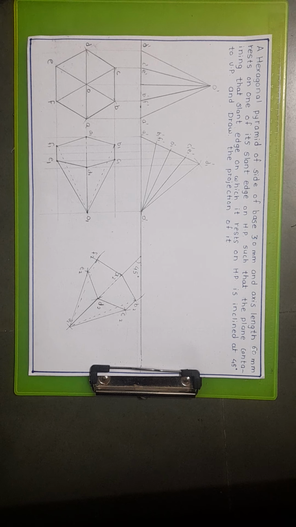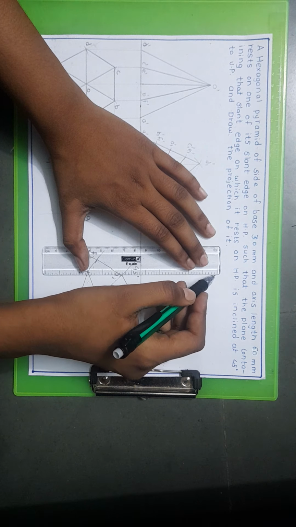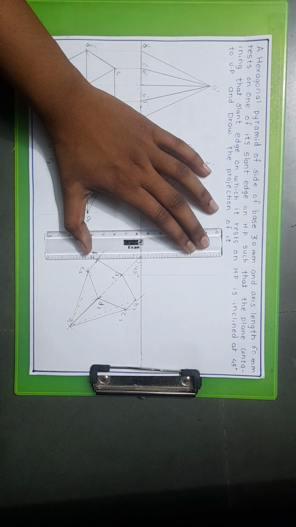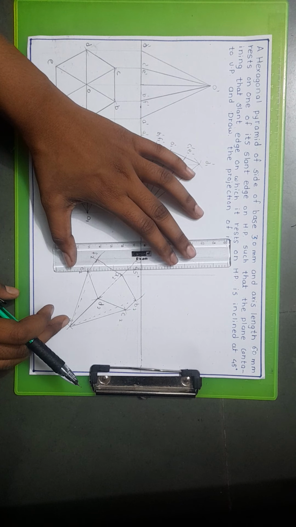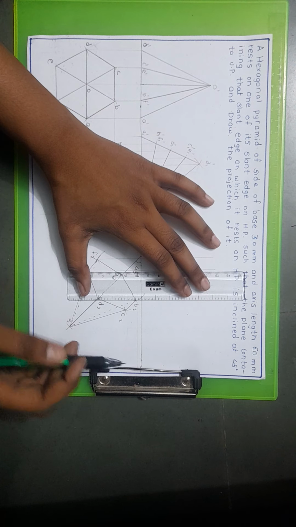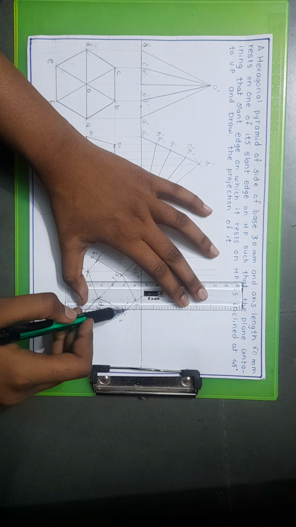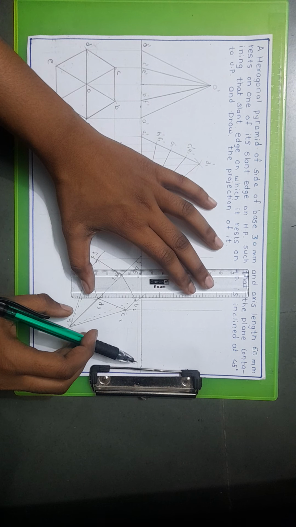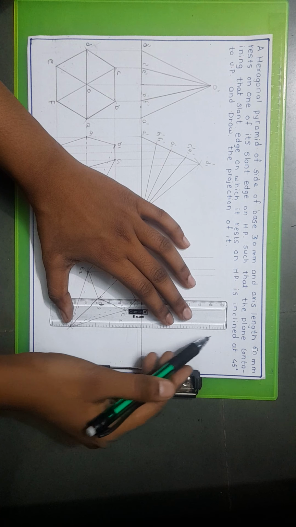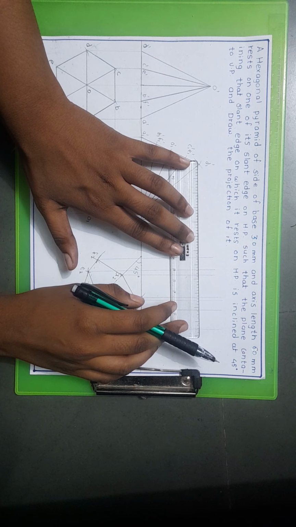So now take projections from all the points. I will take the projections by faint lines. From here also we have to take projections.